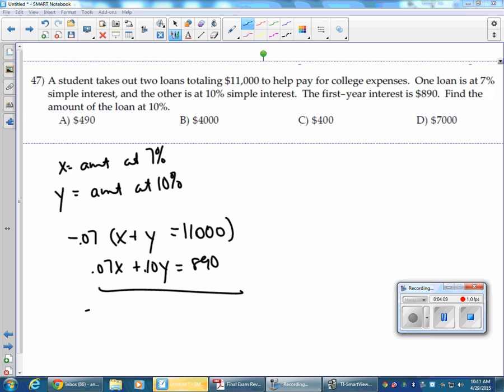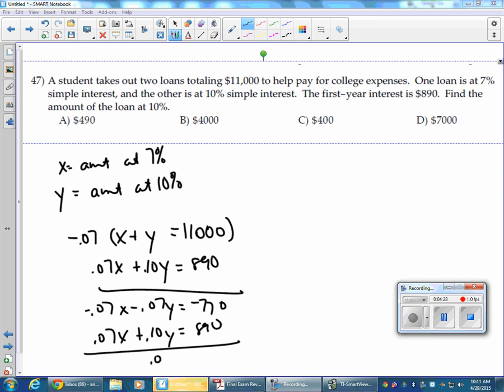Negative 0.07x minus 0.07y equals 11,000 times 0.07 is negative 770. And then I keep the second line the same. Add these two together, you get 0.03y equals 120.